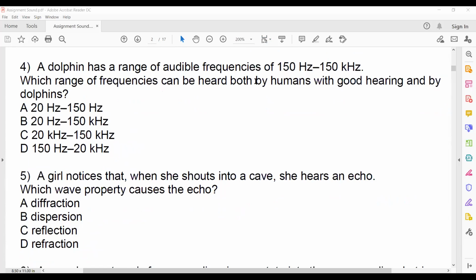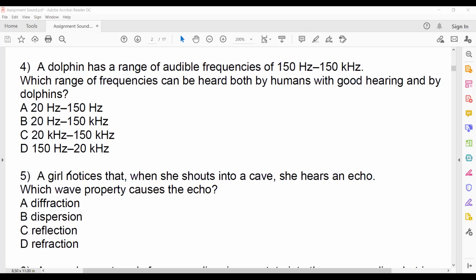The normal audible range for humans is 20 hertz to 20,000, or 20 kilohertz. So D is the right answer because the lower limit is for the dolphin and the upper limit is for the human.